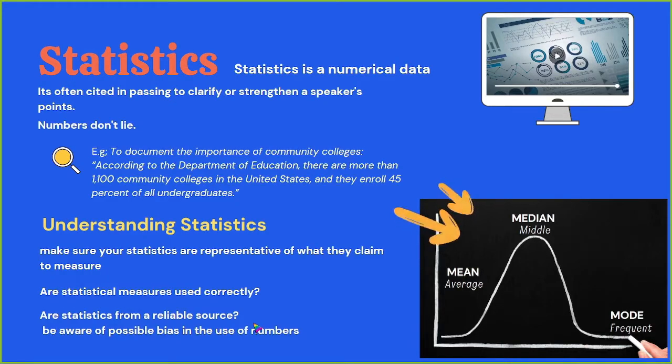So you need to double check that the numbers have been calculated correctly. The case study that you are researching may manipulate the data just to make the data look nice in their research. So you have to be careful about possible bias. So that is statistics.